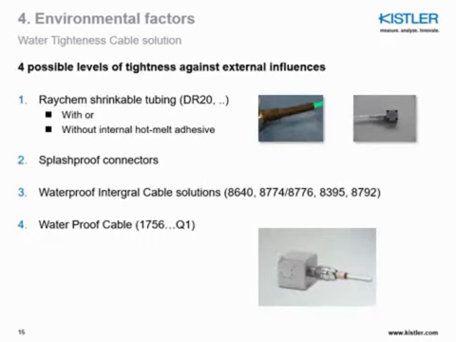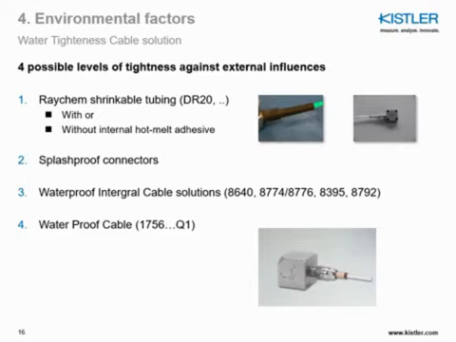Here it is about the junction of the connector. You have 4 possible levels of tightness against external influences. You could use shrink tubing, like the Reicham shrink tubing DR20. So you would use it over the connection between sensor and cable.